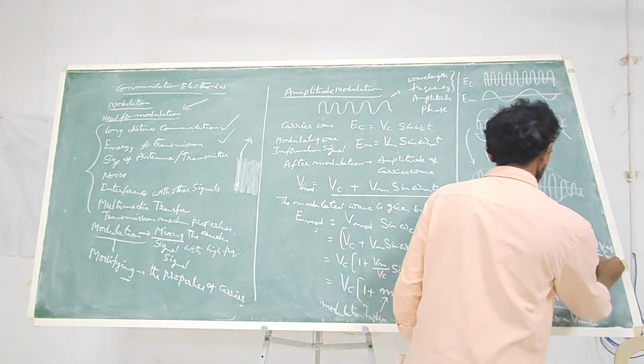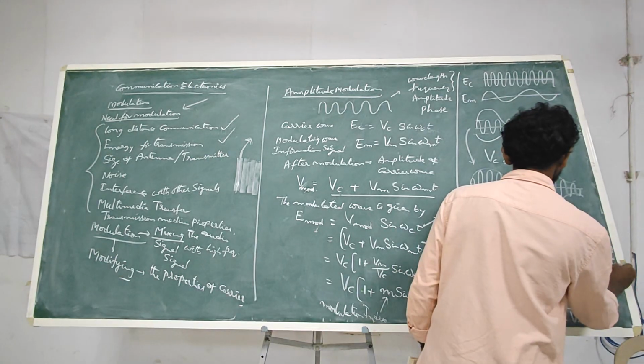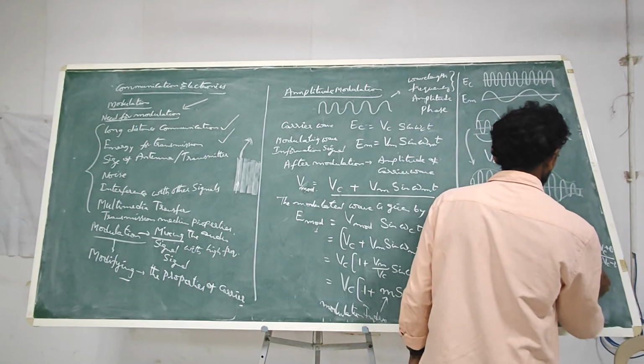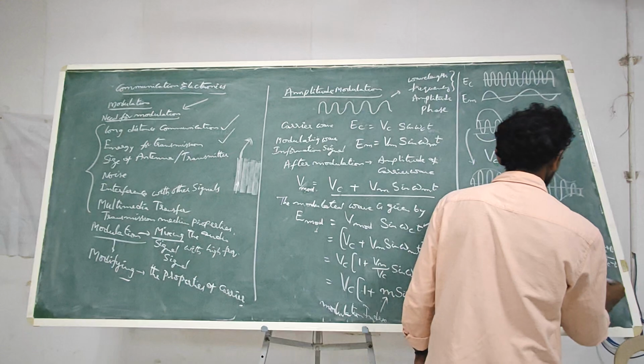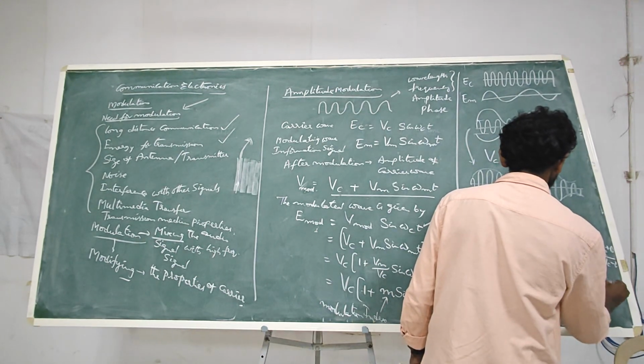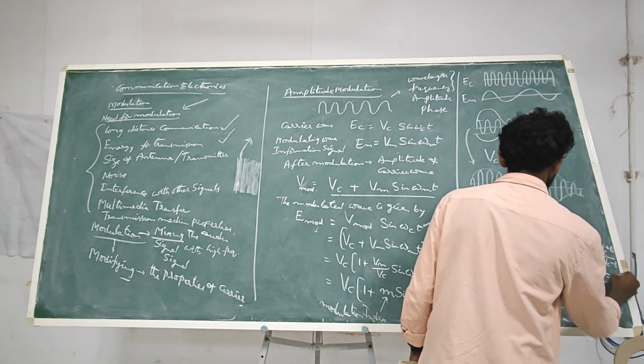And the same 2Vc minus 0. So the maximum possible value for modulation, M max, is 1.